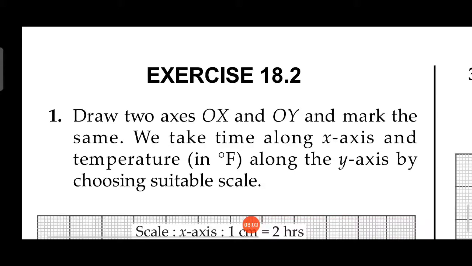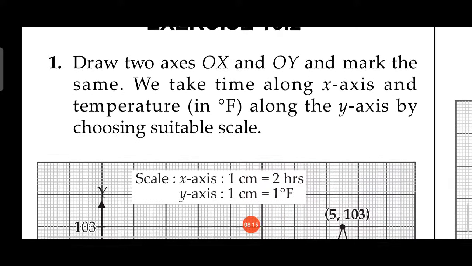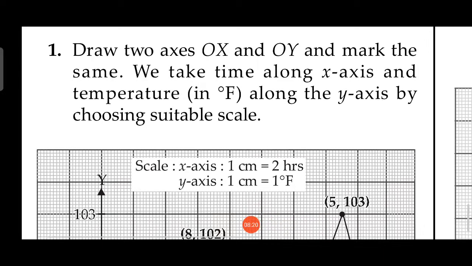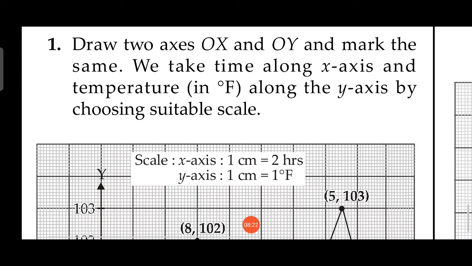If you have gone through it: the temperature of a patient with fever was taken at different times on a particular day during hospitalization. So here we have to draw a time temperature line graph. What is needed here? A graph is needed. Then here we have to draw OX and OY.